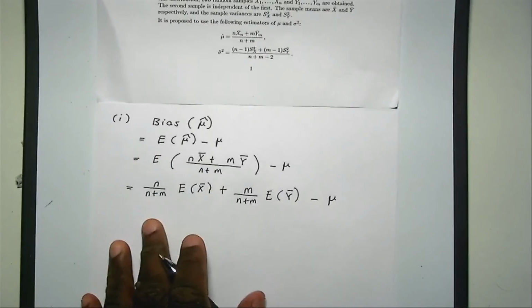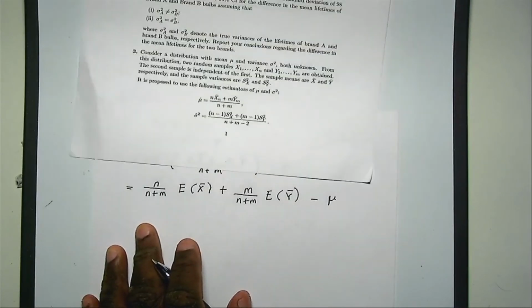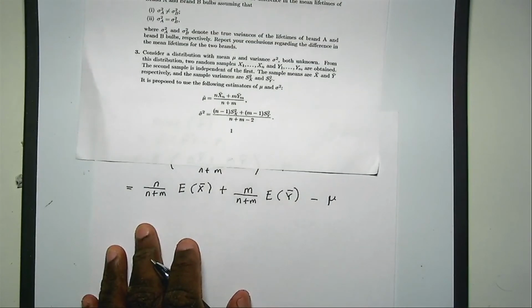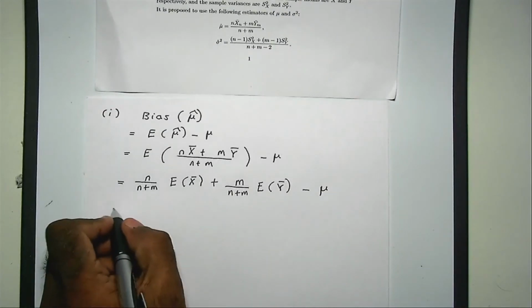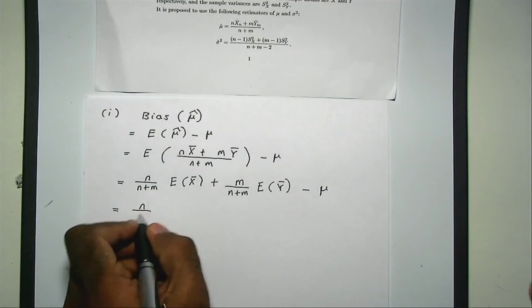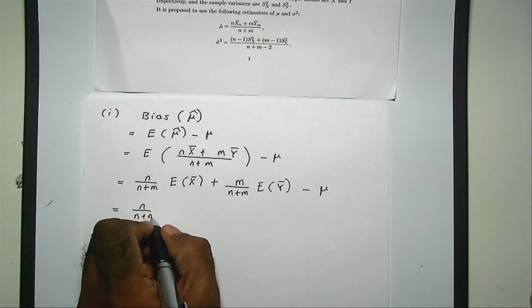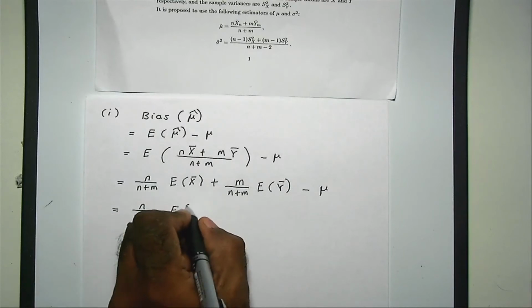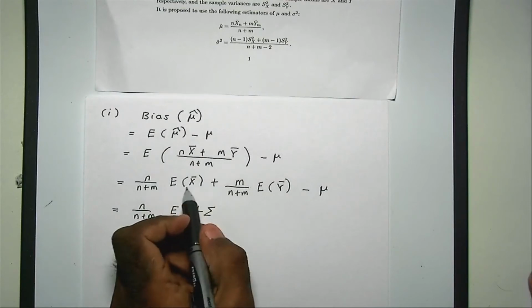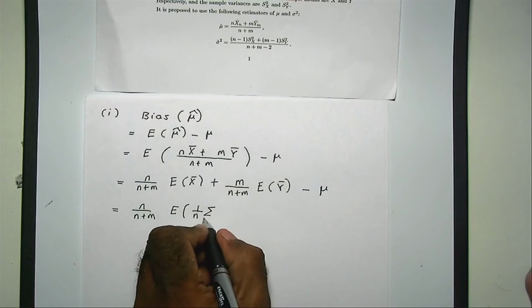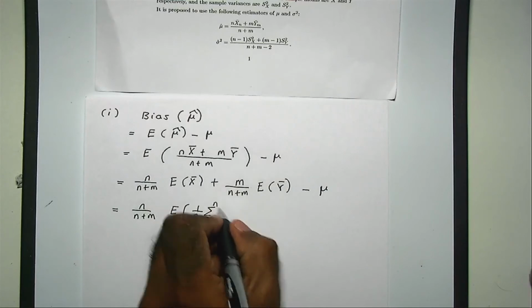Now, both samples have population mean equal to mu and population variance equal to sigma squared. So it's easy to see, I mean, if you want, I can show it. It's easy to see that both these are equal to mu, but I will show it to you anyway.